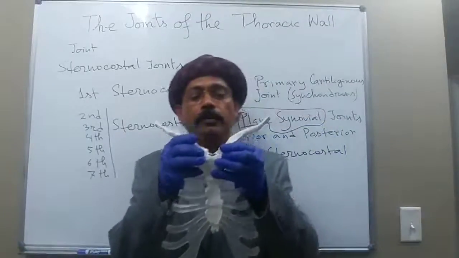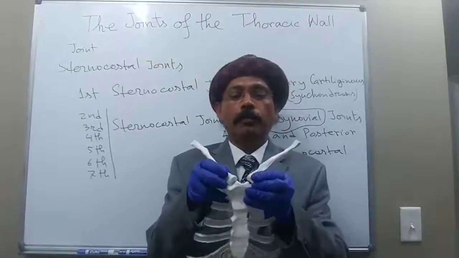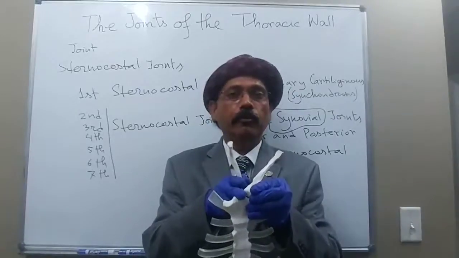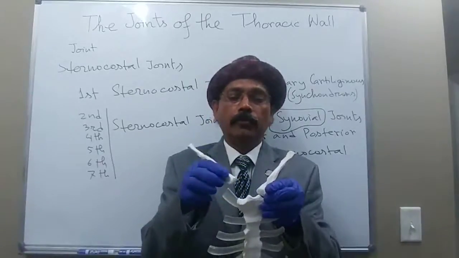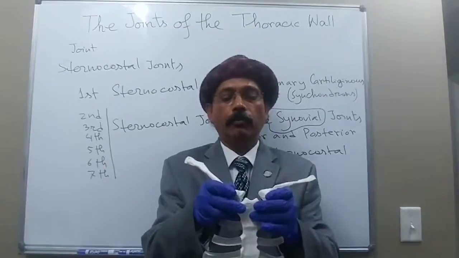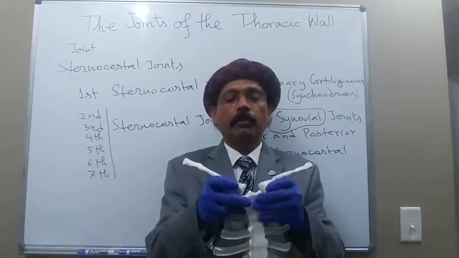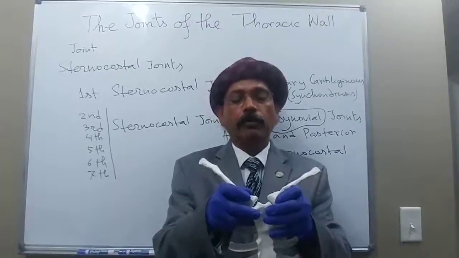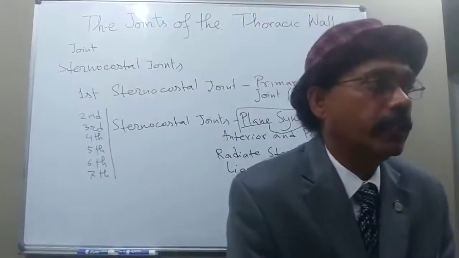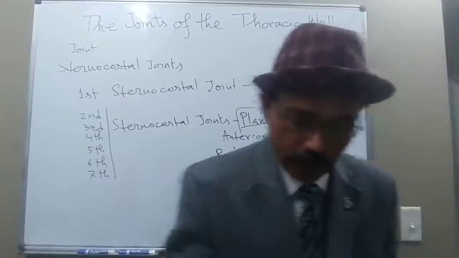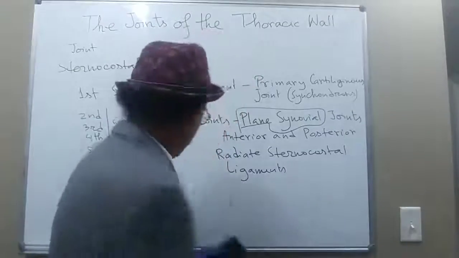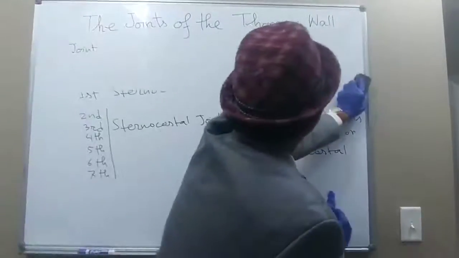The clavicle connects to the upper border of the manubrium, just lateral to the jugular notch, or suprasternal notch. Here the sternal end of the clavicle articulates with the sternum. What type of joint is that? That is the sternoclavicular joint. So we go to the sternoclavicular joint.